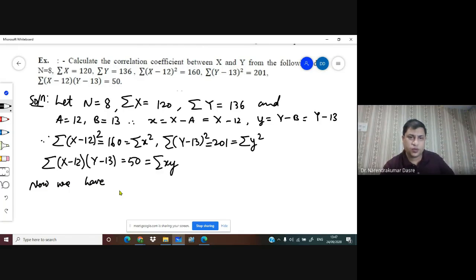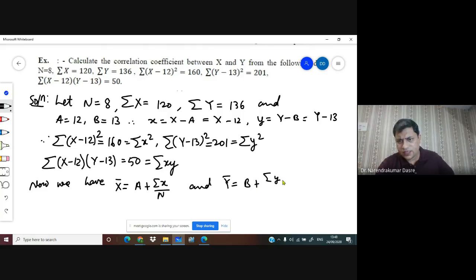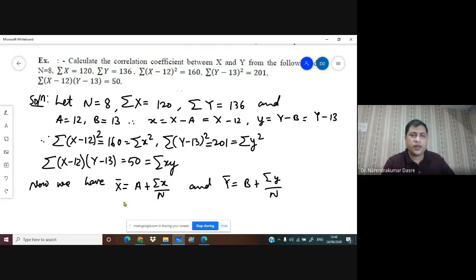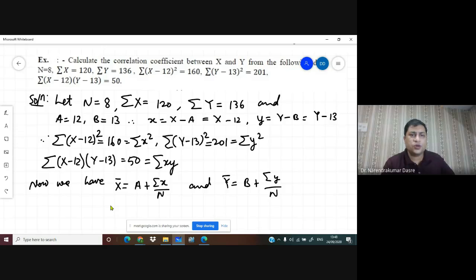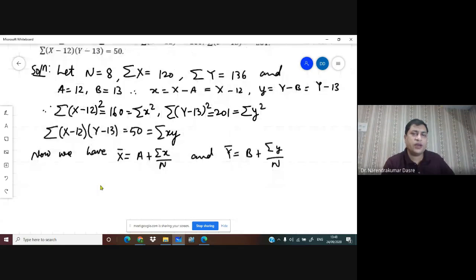Now what will we have? X bar is equal to A plus summation small x upon n. And capital Y bar is equal to B plus summation small y upon n. This is the assumed mean formula we have.